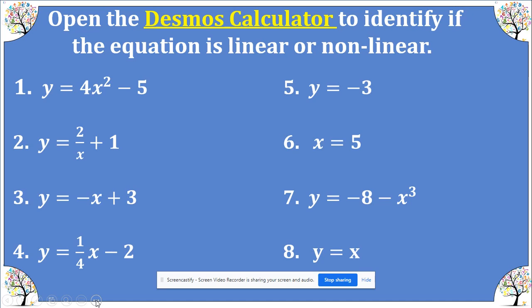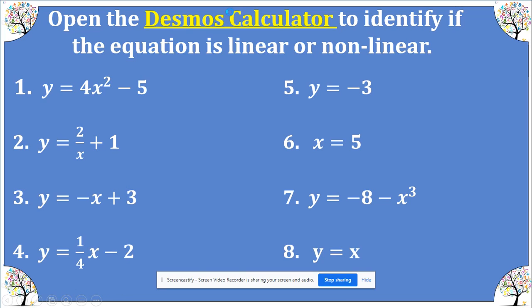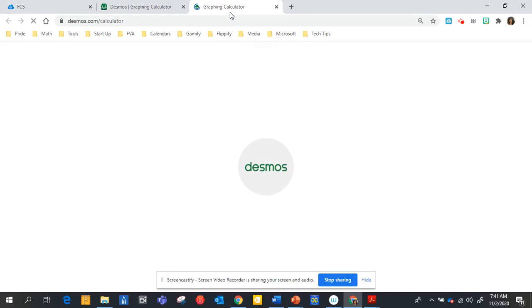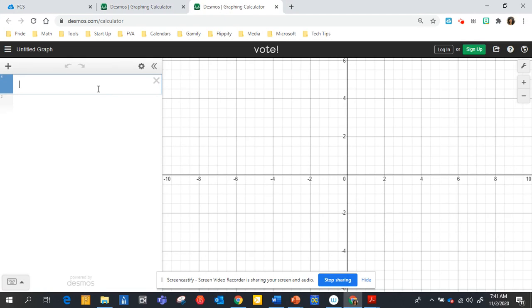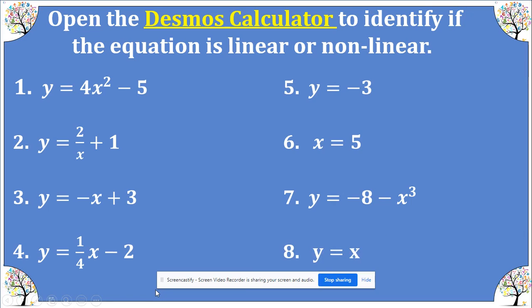So desmos.com. Let's take a look at this example. y equals, so we're always going to have y equals. And I'm going to toggle back to the equation. And it's 4x squared minus 5.